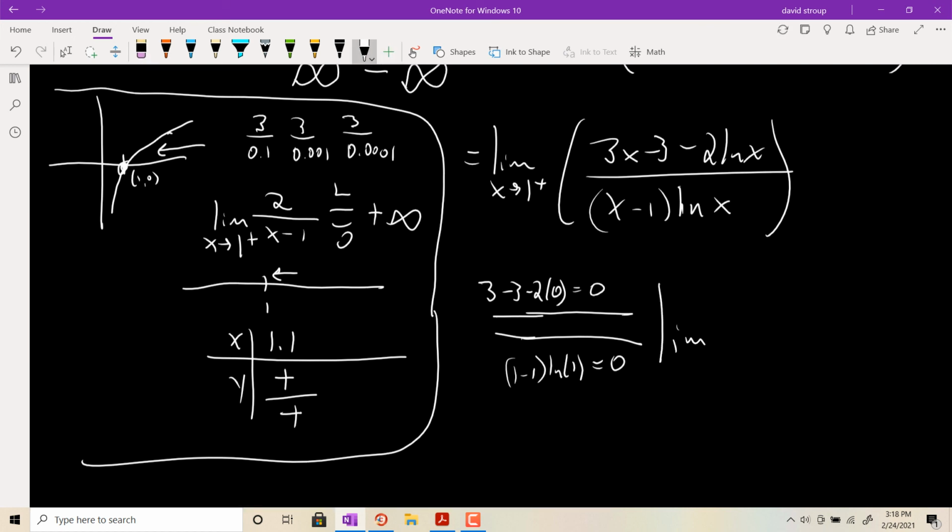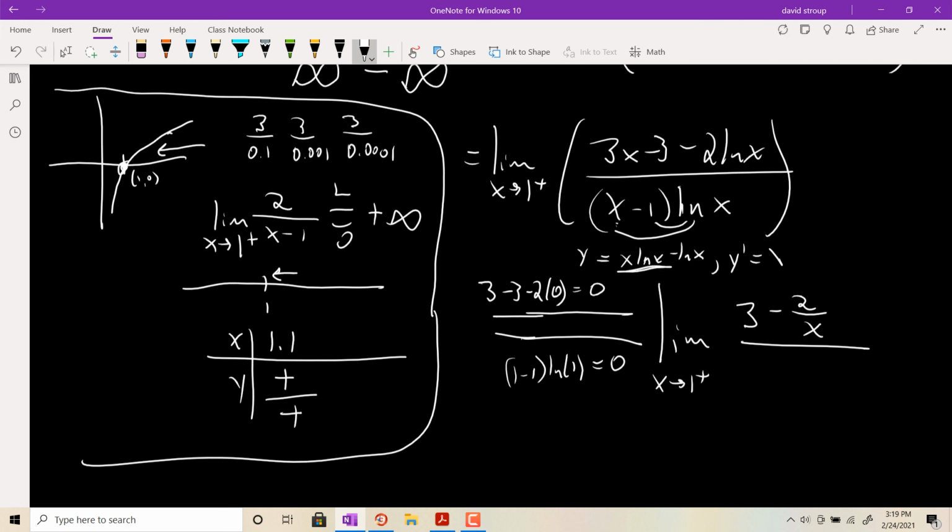So the limit as x goes to 1 from the right of 3 minus 2 over x, all over the derivative of, I'm going to distribute first, x ln x minus ln x. The derivative of the first part needs a product rule.